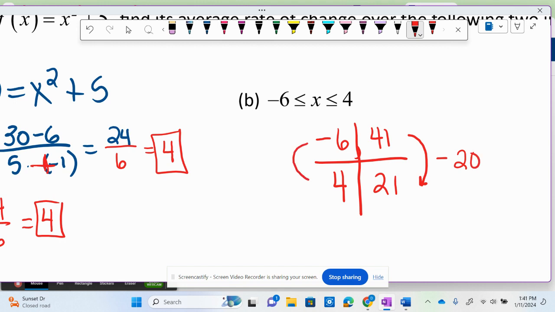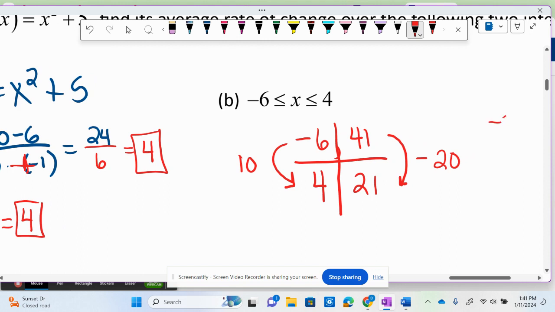What did I add to negative 6 to make it equal positive 4? Well, negative 6 to 0 means I add 6, and then 0 to 4 is 4. So what's 6 plus 4? 10. My change in y over my change in x is negative 2.